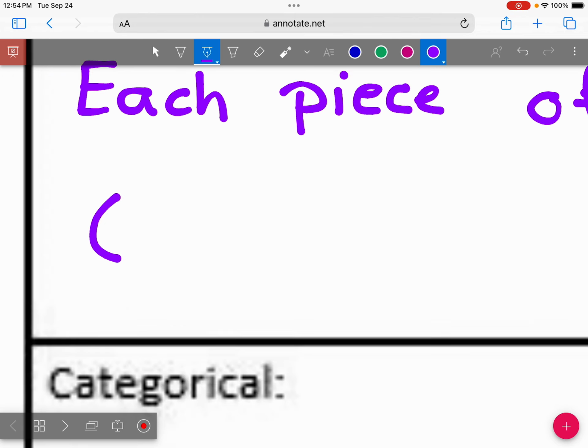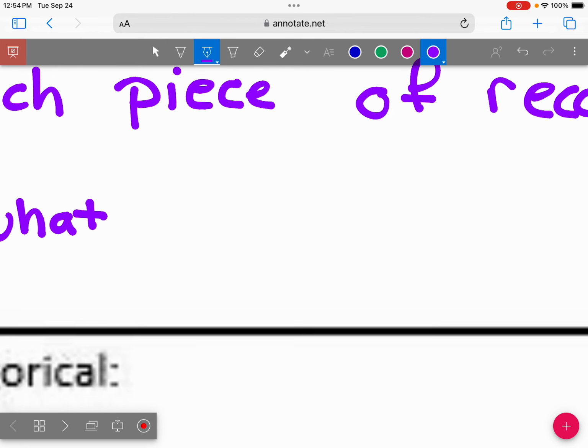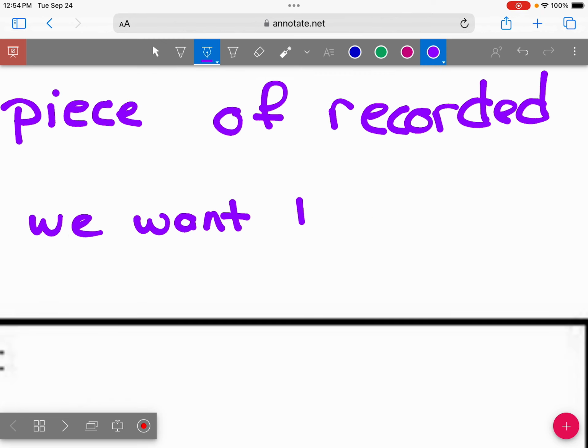Another way of wording that is what we are finding out or what we want to know. What we want to know is our variable.